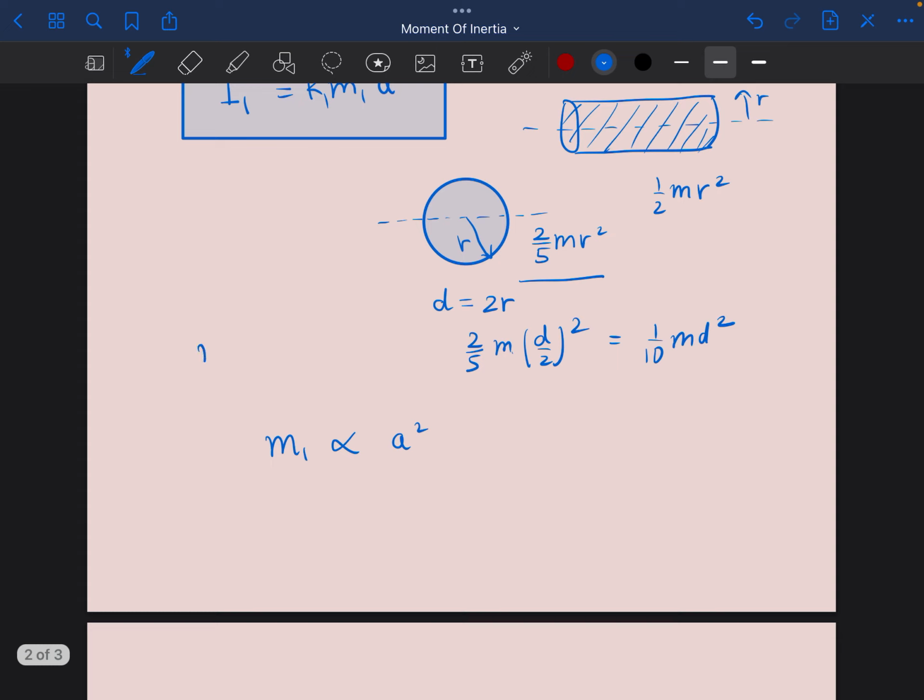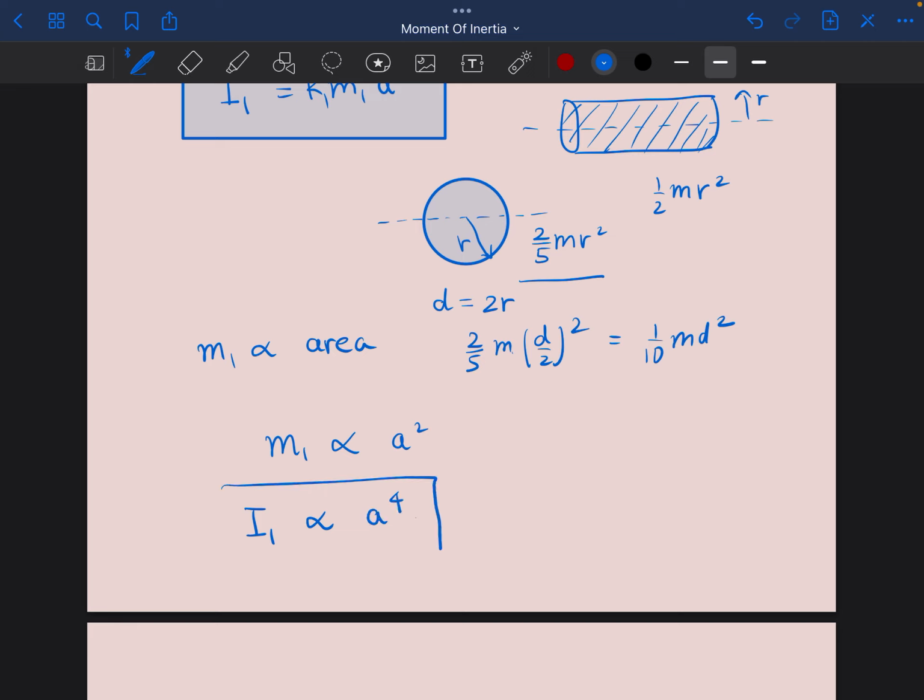The more area you cut out of that plate, the more mass you get, and therefore mass is proportional to the area of the plate, and area itself is proportional to the square of the side length. We all know the formula root 3 by 4 a square, but we only need the proportionality right now. So the mass is proportional to a square, and therefore I1 is proportional to a to the power 4.